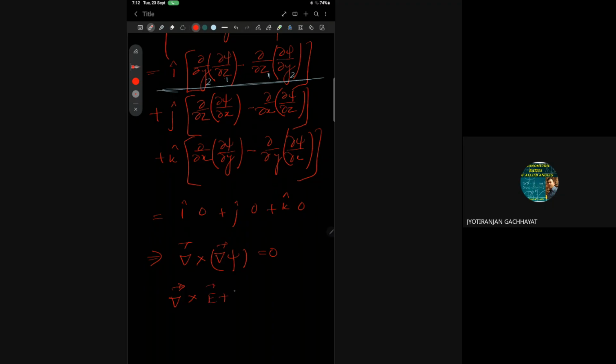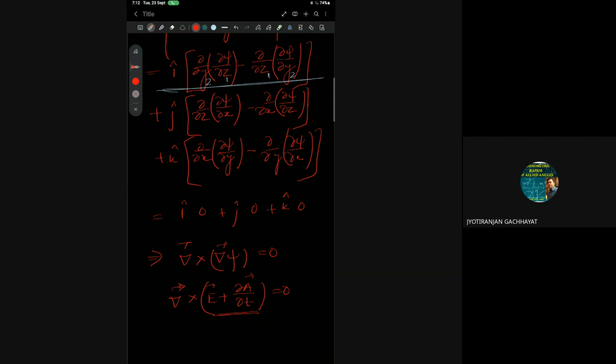Del cross E plus del A by del T is equal to 0. So this means this quantity within the bracket can be written in terms of del of something, isn't it? Sir.